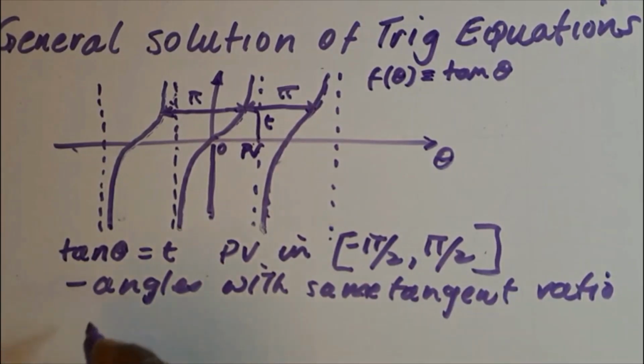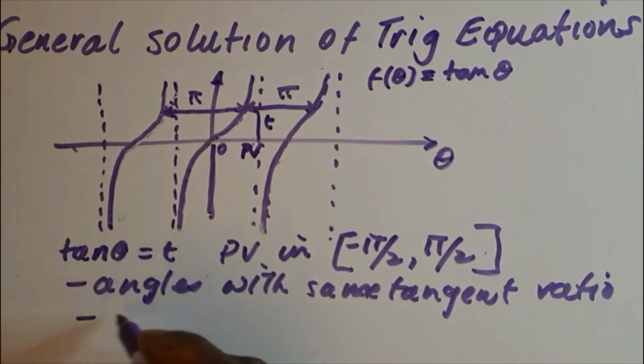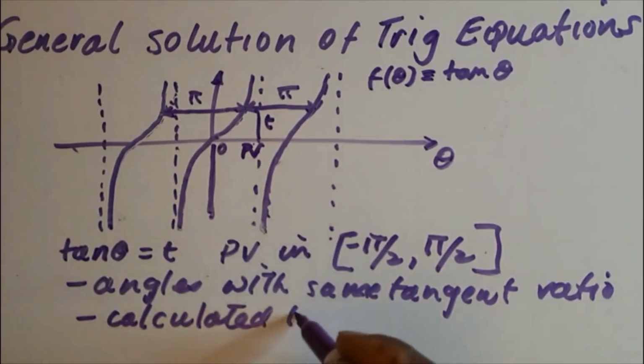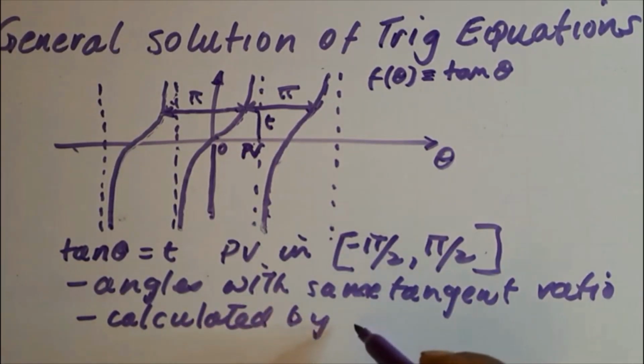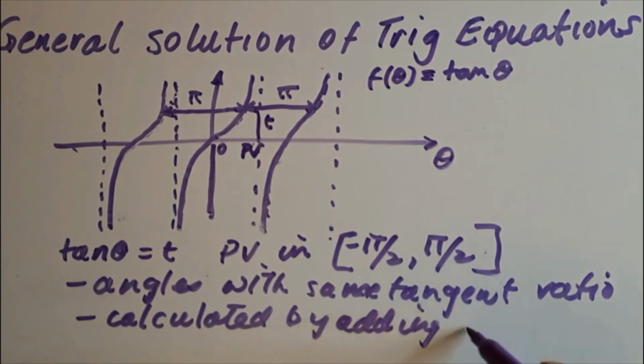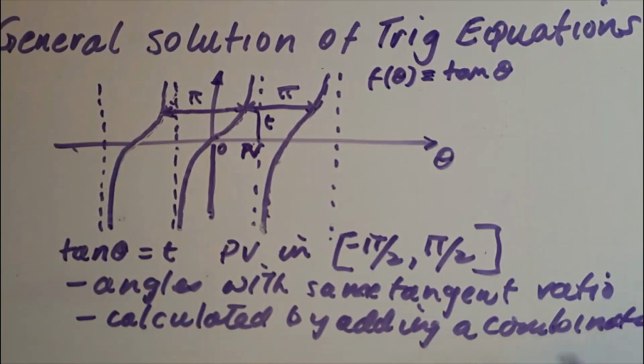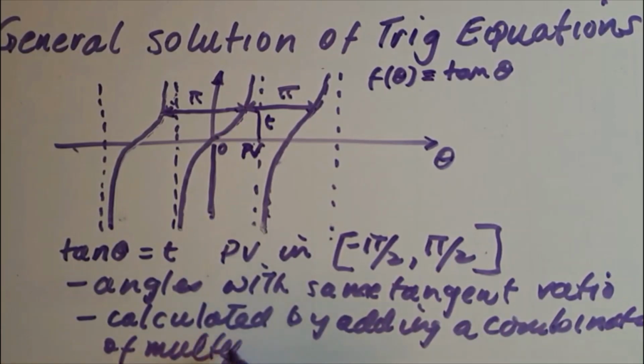can be calculated by adding a combination of multiples of pi.